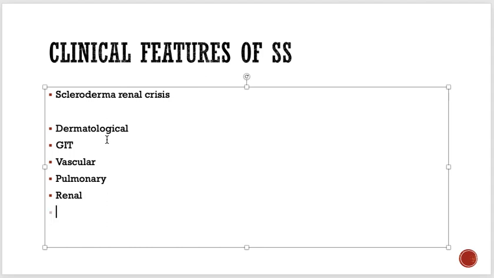Okay, and I also told you CNS can be involved, as well as joints, right? So they have a number of signs and symptoms. Whenever they have scleroderma renal crisis, which we can also call hypertensive renal crisis, these are the patients who present with renal failure and hypertension.